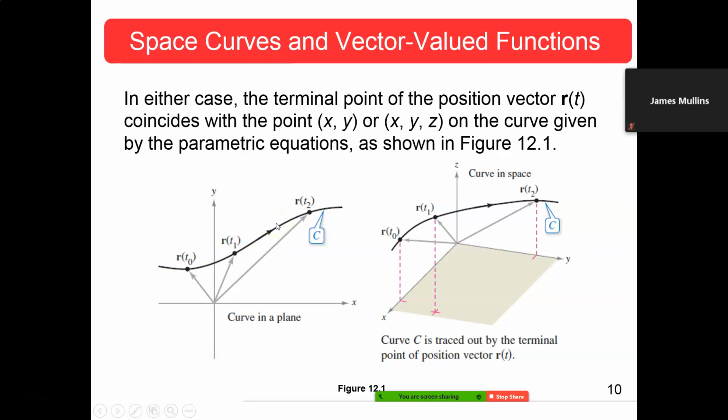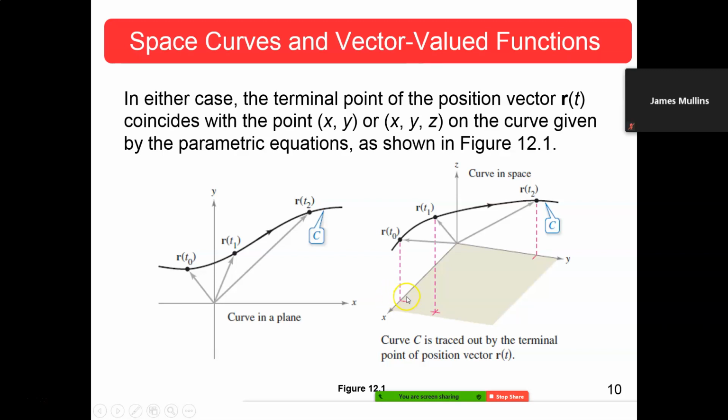Now, how in the world do you represent these in 3-space when you're only drawing on a 2-dimensional sheet? It makes it quite difficult. All right. Your first value, the vector r when t is equal to t0, appears here, and I think it's true that your x value, your f of t, is here.